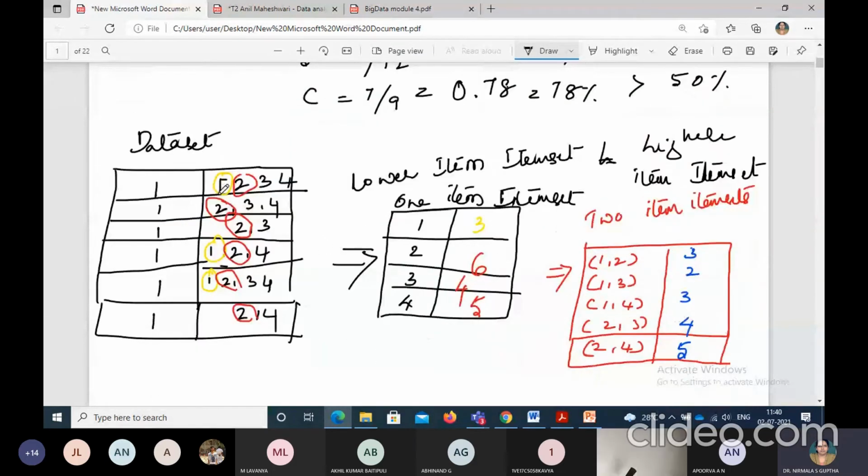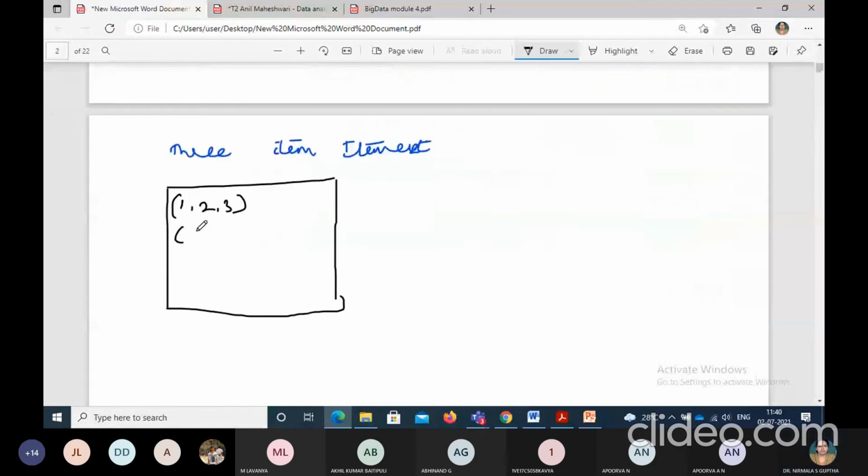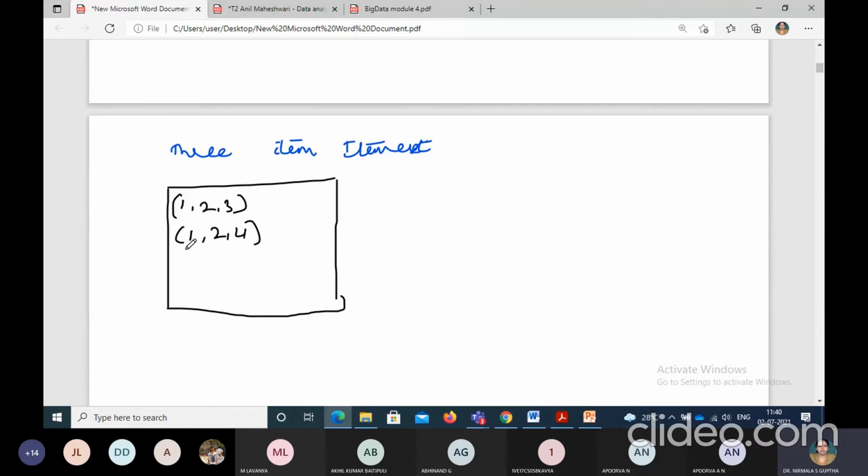Think and tell me. 1, 2, 4. 1, 2, 3, 1, 2, 4. Correct? Yes, ma'am. Next, after 1, 2, 4: 2, 3, 4.